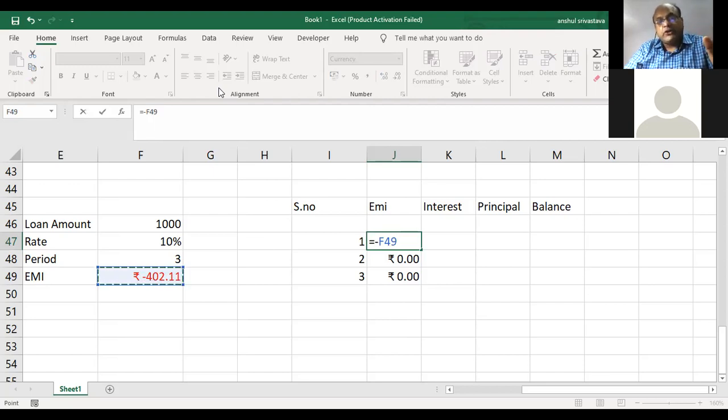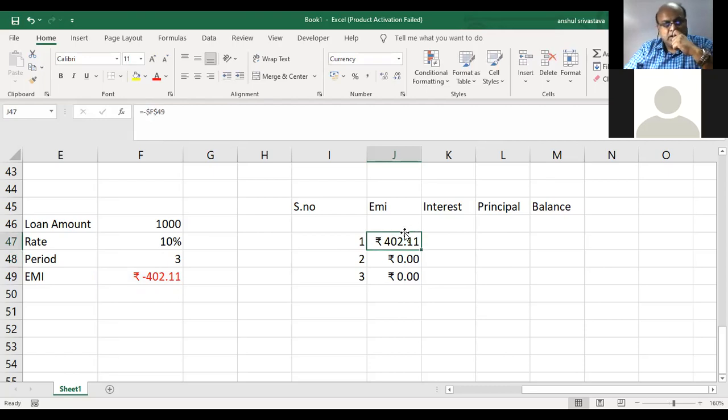And the shortcut for that on most computers is: select this cell and press F4, or function F4. In some cases F4 works as a shortcut, in some cases function F4 works as a shortcut.